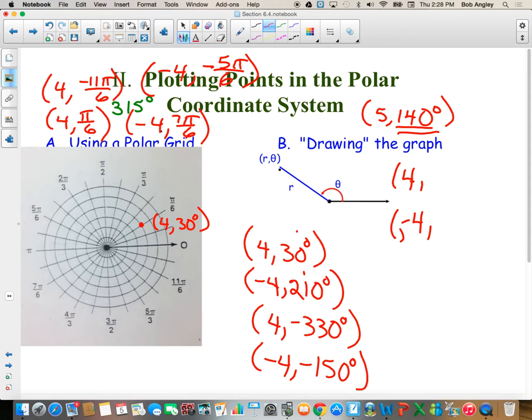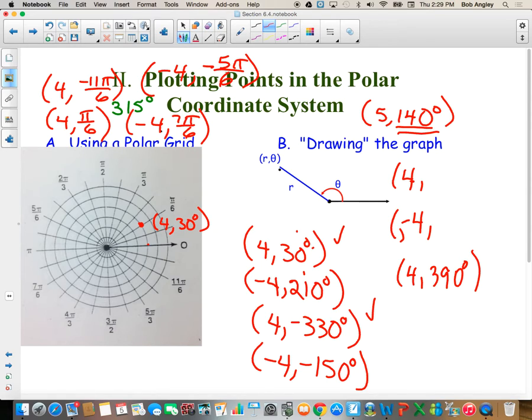Now, I want you to look at this one and this one. What's the difference in those 2 numbers? 360. All right, the difference is 360, right? Now, if I wanted to give another one, could I write 4, 390? Would that be in the same place? Yes, because on 390, if I start here and I go all the way around, that's 360, and then I got 30 more, so that's where we were to start with, right?